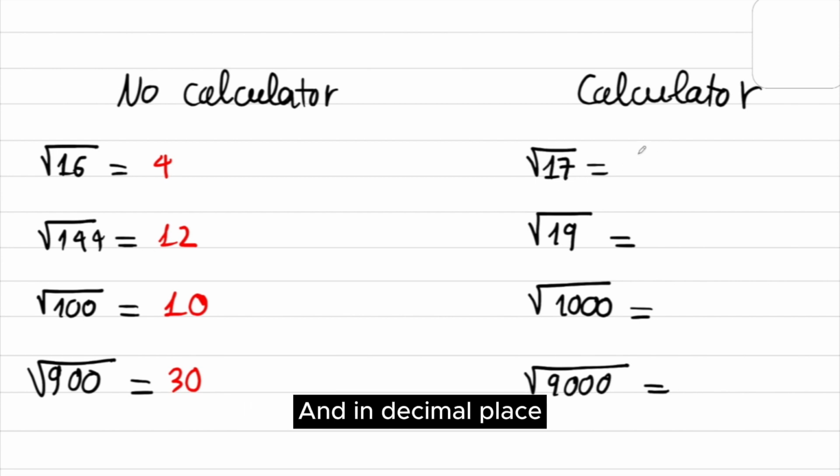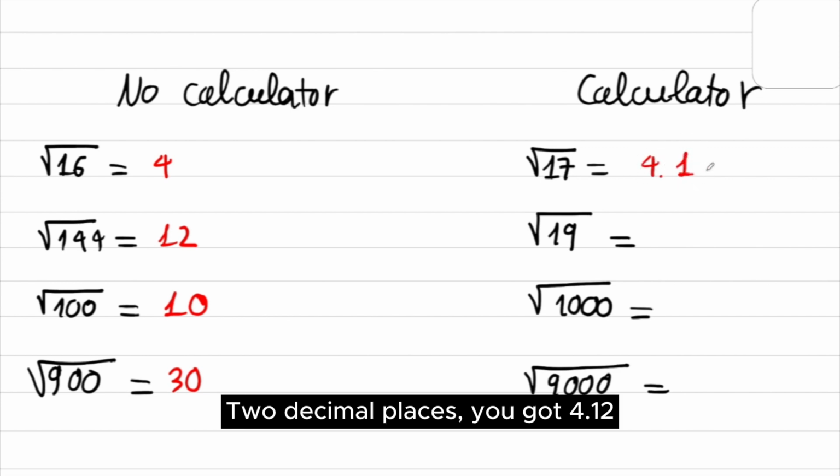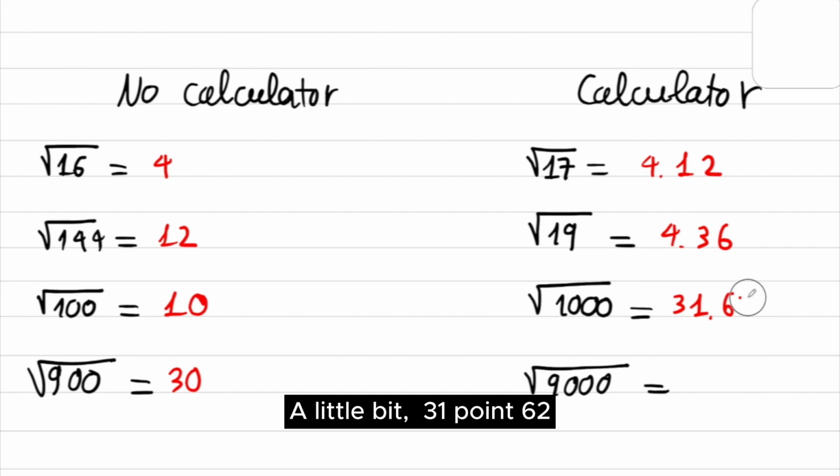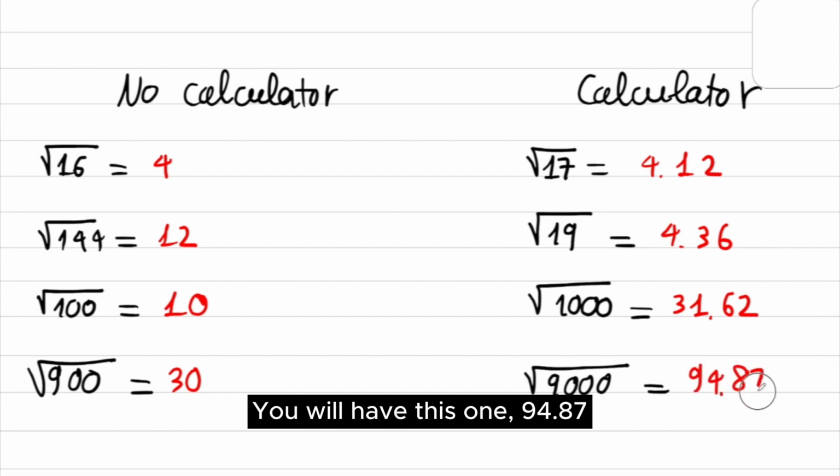In two decimal places, you get 4.12. The square root of 19, you get 4.36. The square root of 1000 is 31.62. And for this one, 9000, you will have 94.87.